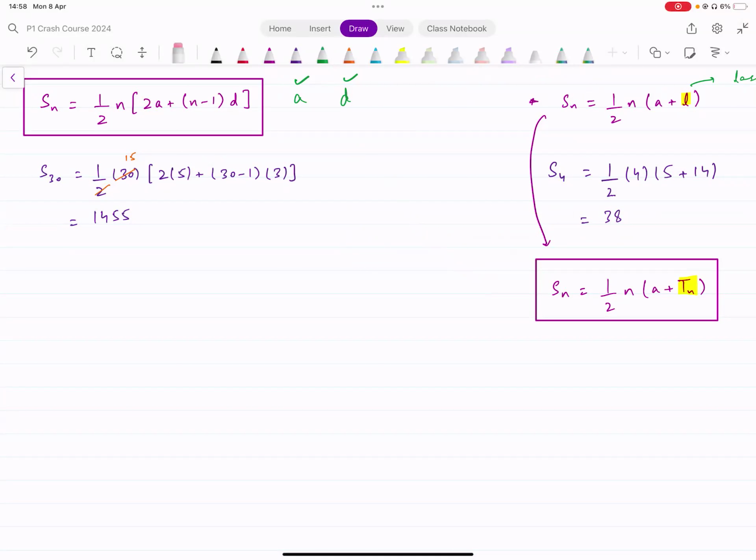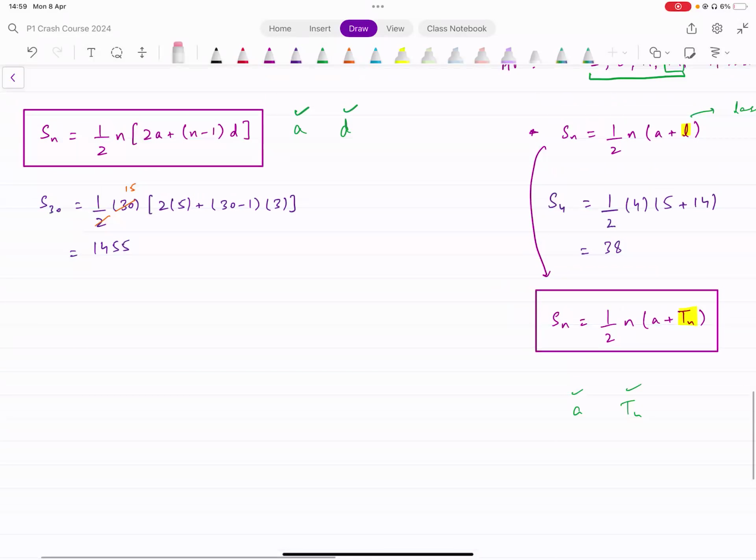And that is when you do not have the difference given, you know the first term and you know the nth term or the last term. If the last term is already given, in that case, using the second formula will be more efficient.